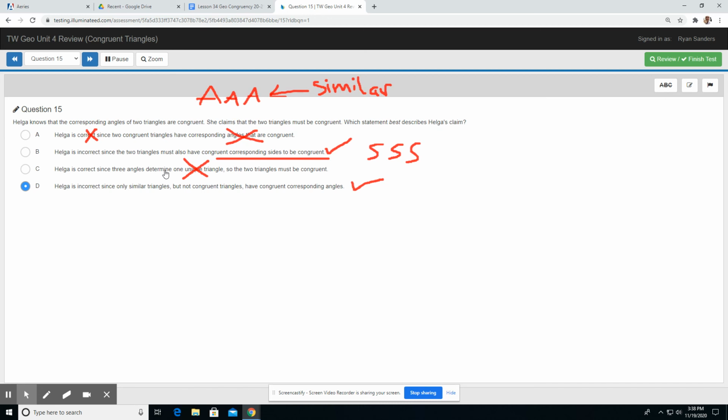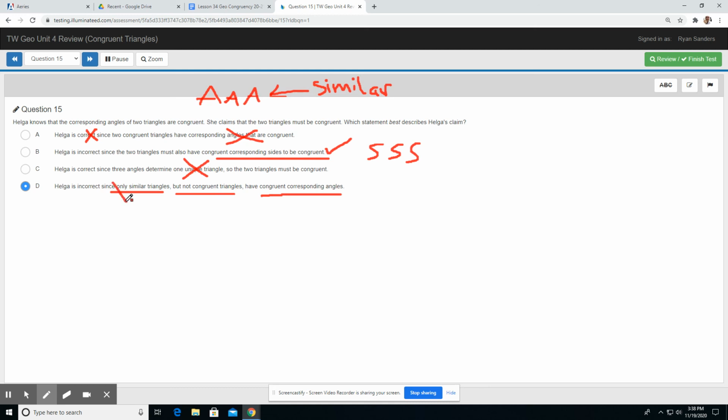Helga is incorrect since only similar triangles, but not congruent triangles, have congruent corresponding angles. Well, maybe I just read that too fast. Only similar triangles, not congruent triangles, have corresponding congruent angles.